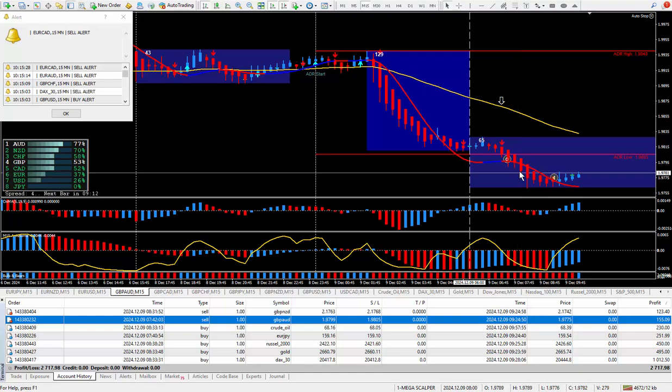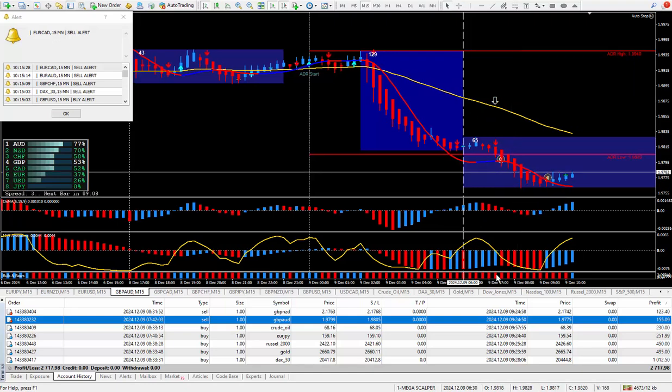Like I said, when you line up everything, then trading becomes easy and a lot of fun, and it's important you have a pretty good system along with a good daily trade plan. And once you get everything lining up, then you take the trade, which is exactly what I did right here.